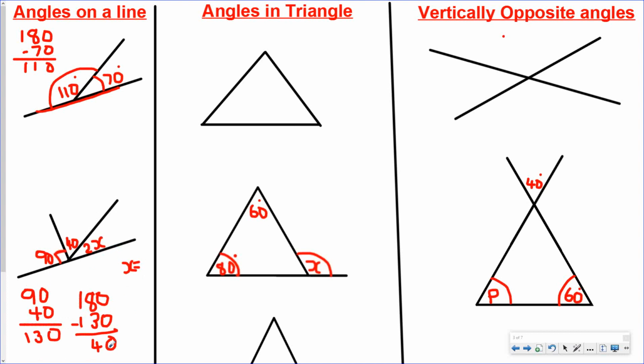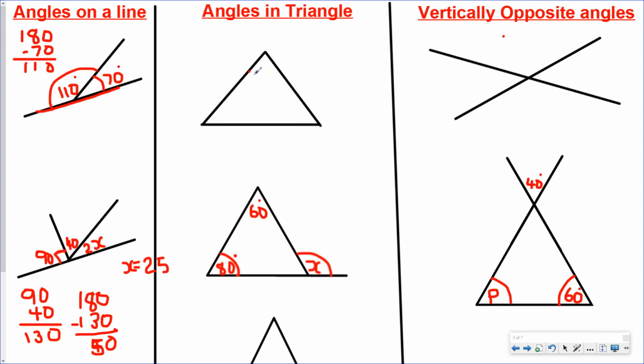What do you think x is going to be? 25. Excellent, well done. We just divide it by 2. Make sense? Yes.